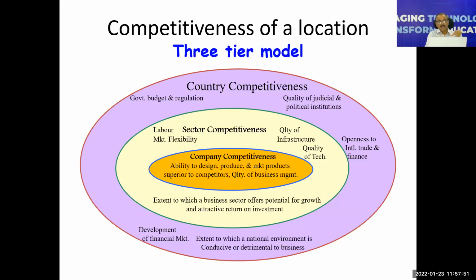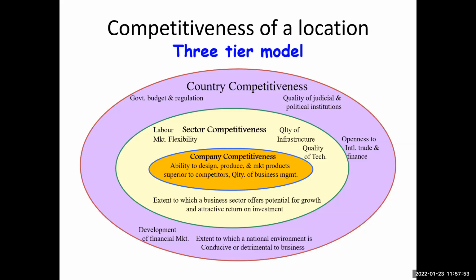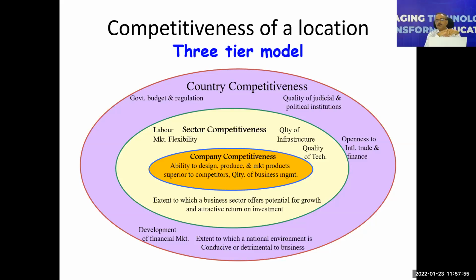Then at the second level, there will be a kind of sectorial competitiveness in terms of what kind of labor is available, what kind of market flexibility is available, then the quality of the infrastructure in terms of the electricity available, then the other factors involved in terms of logistics and transportation. Whatever the other infrastructural aspects are, then what kind of technology exists in that particular state.